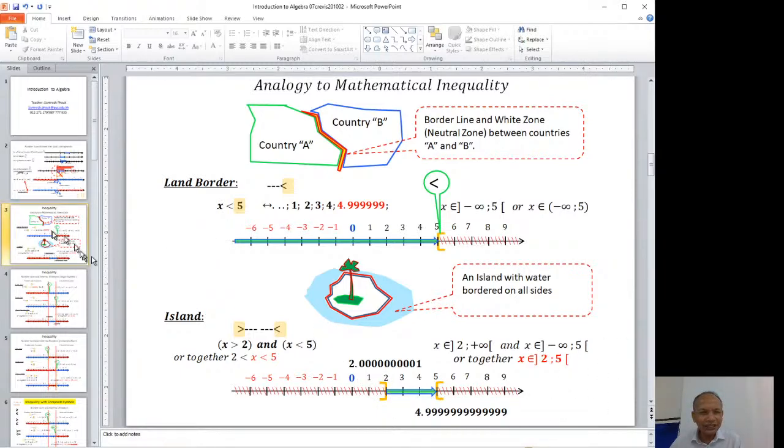So now you understand these two, the first slide and second slide. You can go down to the other slides. Please spend time to look carefully at the first and second slides, about the land border and island border.